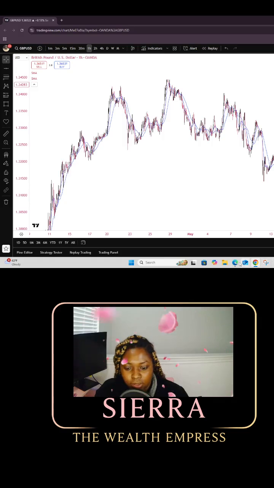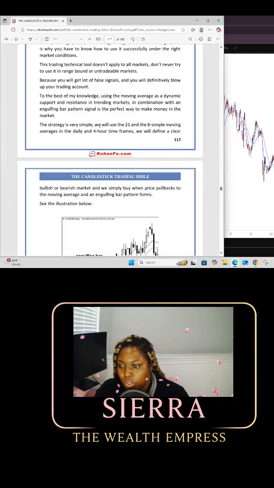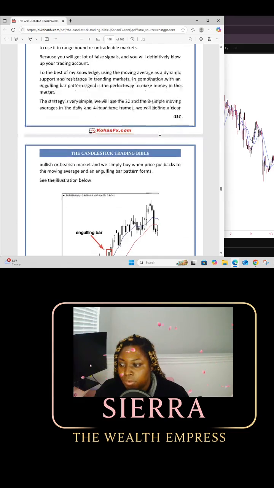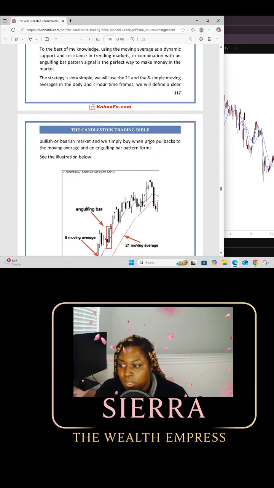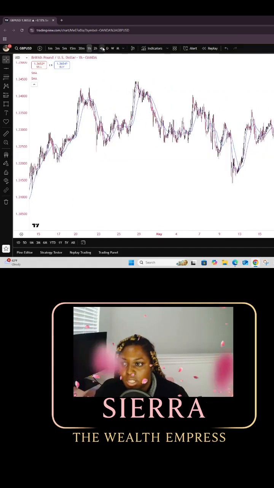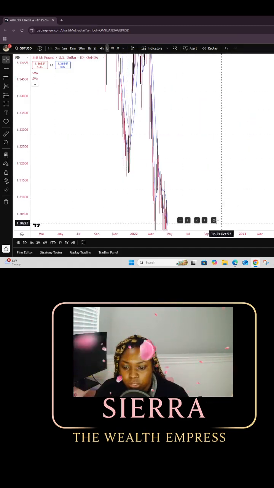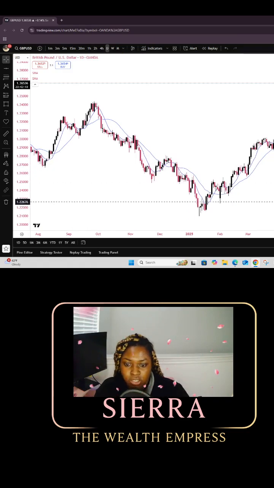Okay, so it said we use the 21 and the 8 simple moving averages in the daily and 4-hour time frames. We will define a clear bullish or bearish market, and we simply buy when price pulls back to the moving average and an engulfing bar pattern forms.